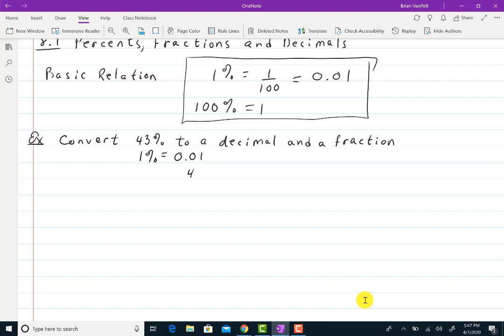So that's conversion from a percent to a decimal. So for the decimal conversion, I will do 43% is the same as 43 times 1%. So I just stripped off the percentage. And since I'm going to decimals, this is 43 times 0.01. Well, all that 0.01 tells you to do is move the decimal to the left 2 places.